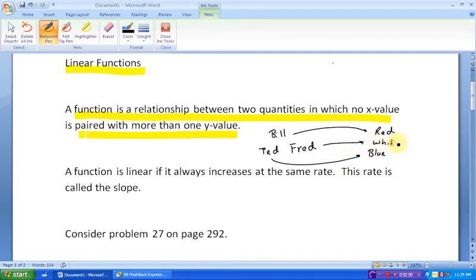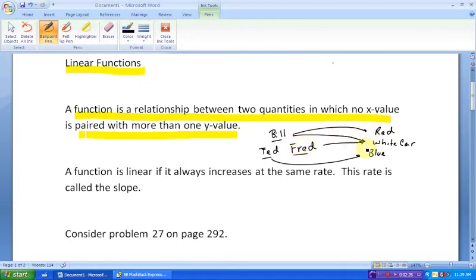Now, this would be an example of a function because each of these first values only got paired with one second value. Now, suppose we change this a little bit, and Bill ended up having a red car and a white car. So now our pairs would be Bill goes with red and Bill goes with white.